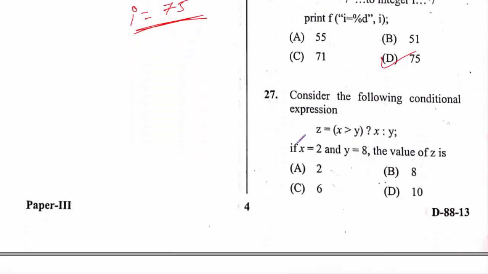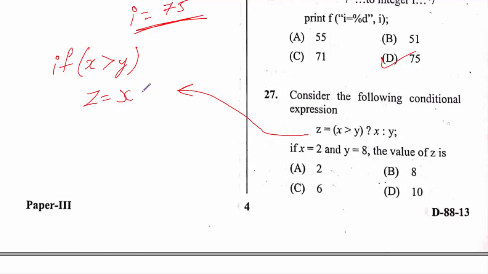27th question. You need to be very much familiar with respect to ternary operators in C programming. This instruction, how I can manipulate is, if x is greater than y, assign z equals to x, else, assign z equals to y.